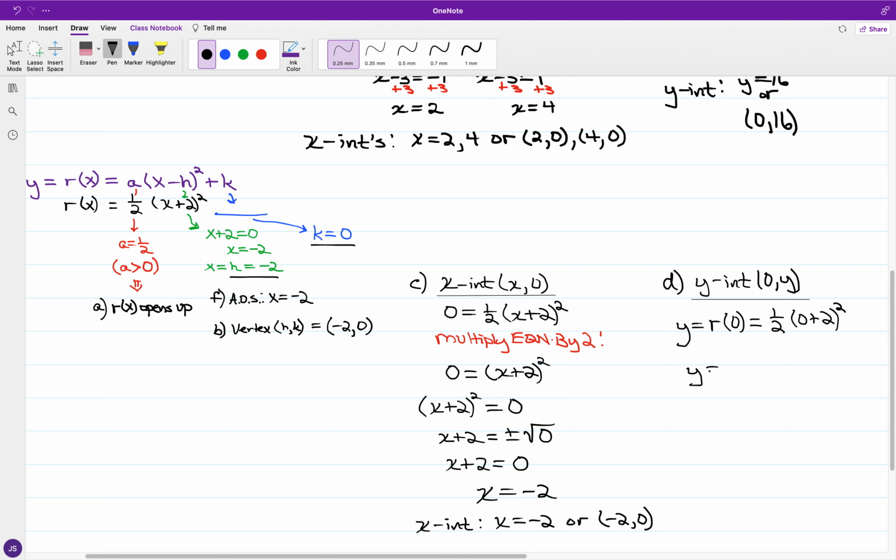Again, x is at 0, so 0 plus 2 is 2, and 2 squared is 4. And we'll have half of 4, which is equal to 2. So for the y-intercept, we have y equals 2, or if you express it as an ordered pair, we have (0, 2).